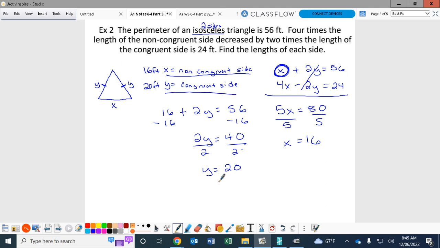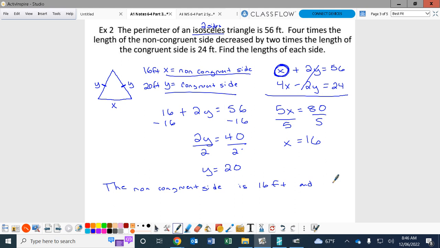Okay, it says find the lengths of each side. So, which one came first, the non-congruent side? The non-congruent side is 16 feet. And now you got to be careful how you say it. Okay?